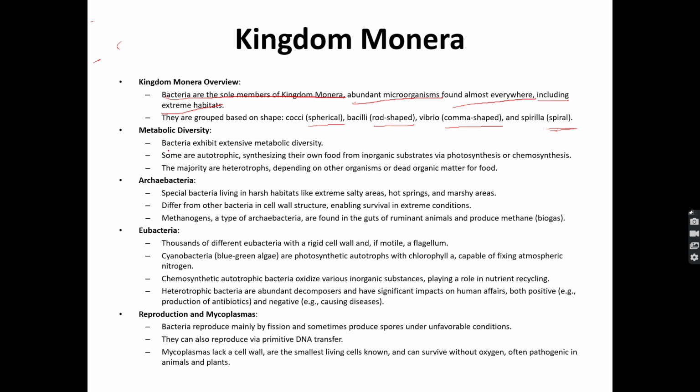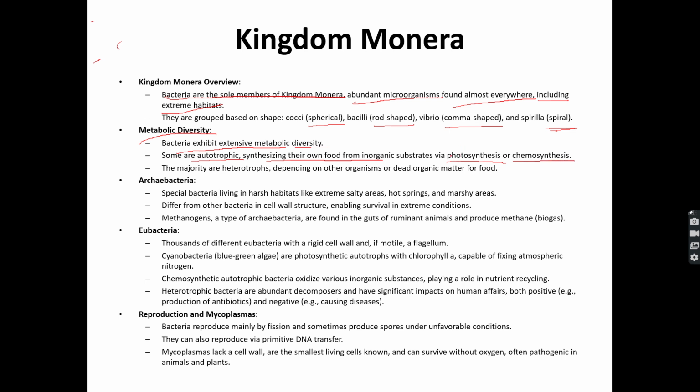If we study the metabolic diversity, bacteria exhibit extensive metabolic diversity. They are autotrophic, synthesizing their own food, and that autotrophism can be photosynthesis or chemosynthesis.